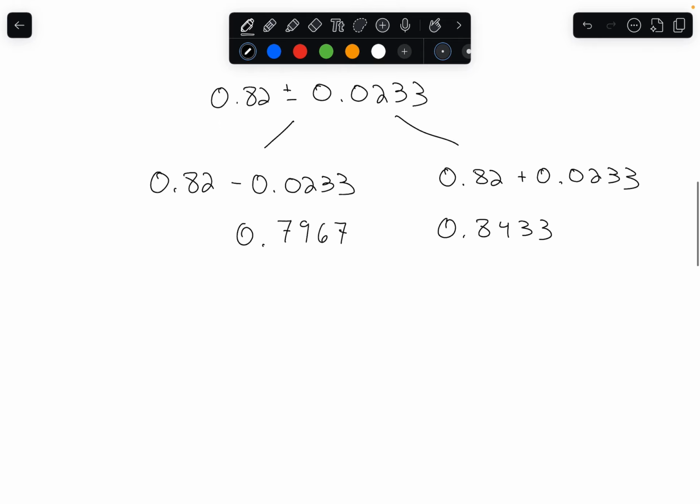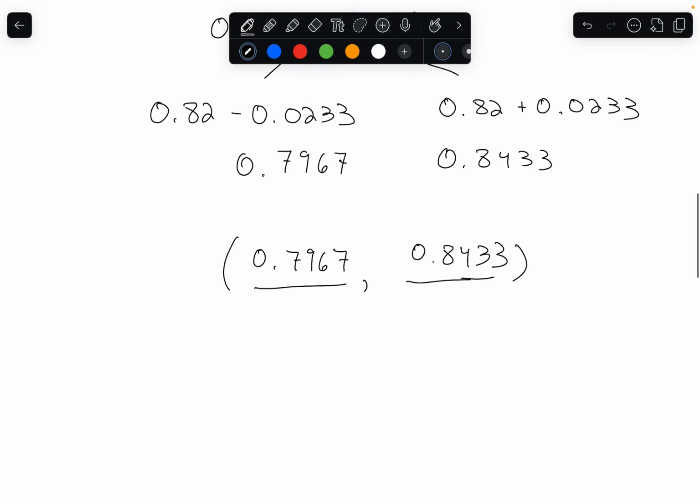So that's going to look like blank, comma, blank in parentheses. It's saying, here's your lower bound, the left bound of that interval, and here's the upper bound. So in this case, I would say (0.7967, 0.8433) is how I would write that confidence interval.